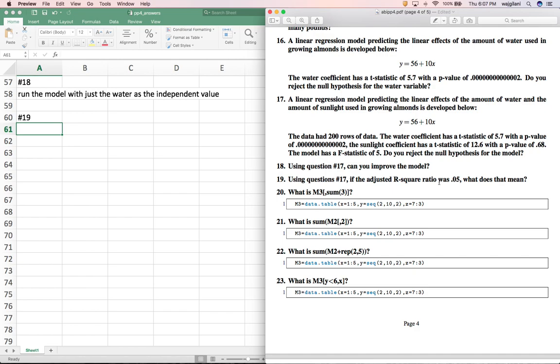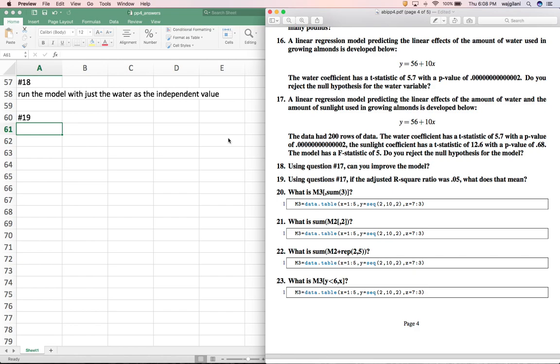What that means is that 5% of the variation in the almond pounds data can be explained by the variation in my water and sunlight data. Is that good? No, that's not good. Because then where's the other 95% of the variation in my almond pound data coming from? It's coming from somewhere else, right?